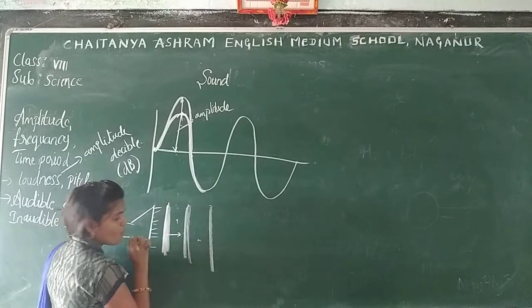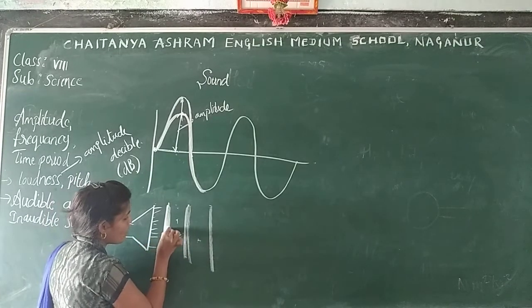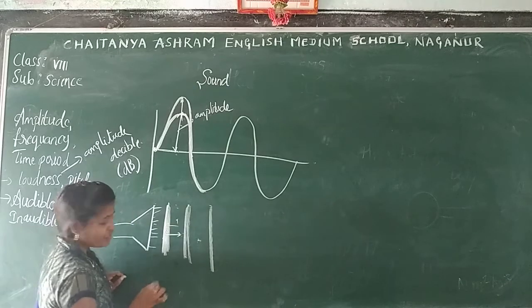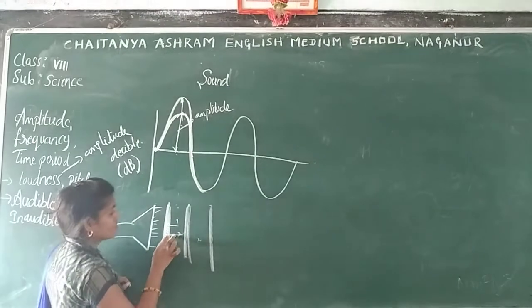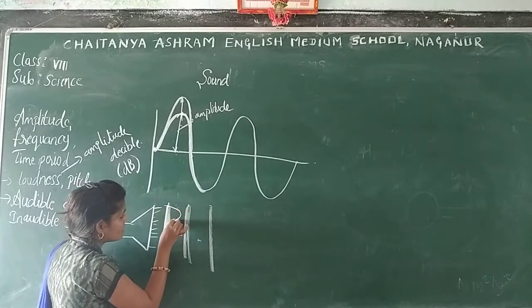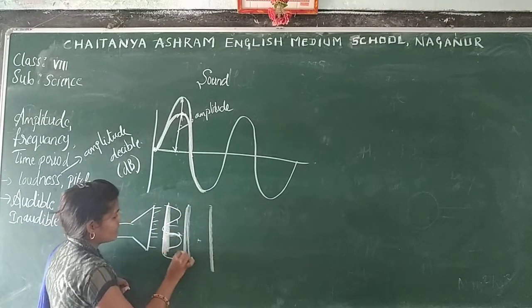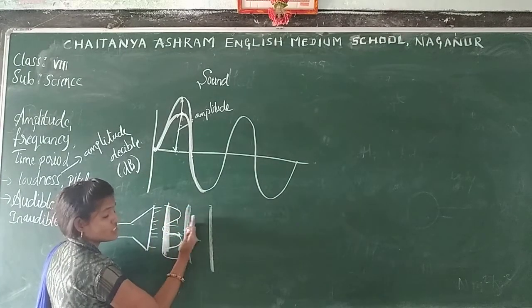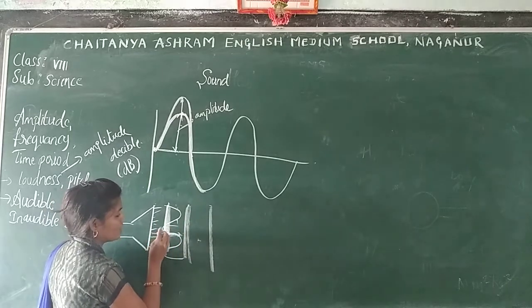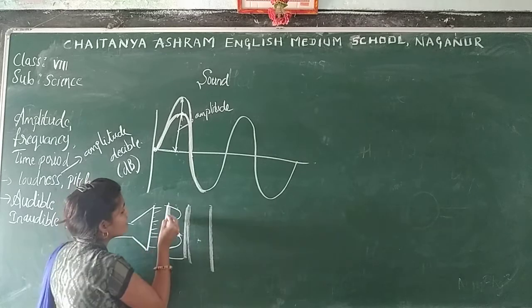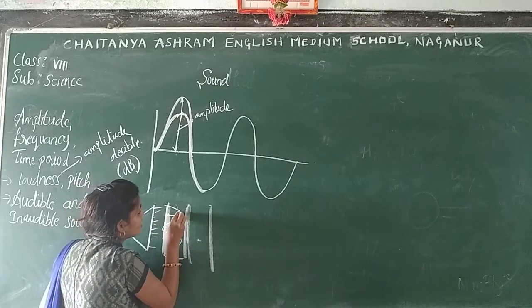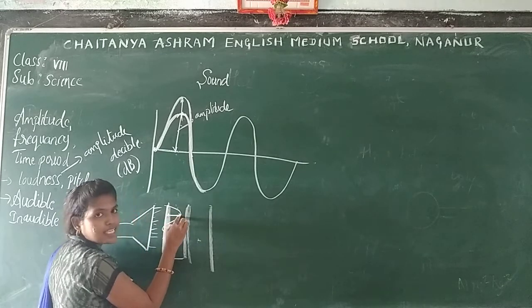So during the movement of these particles, the maximum distance covered by these particles, we can represent it like this, because it is to and fro motion. Initially this is at the mean position. So this is the distance covered by the particles.